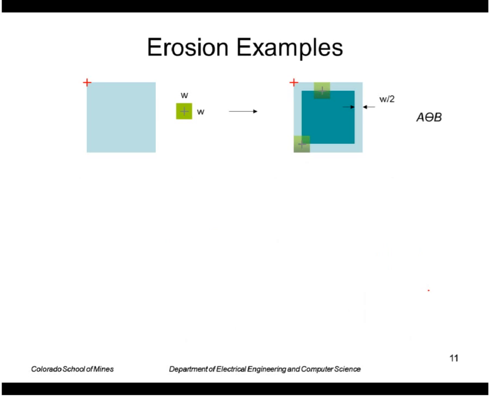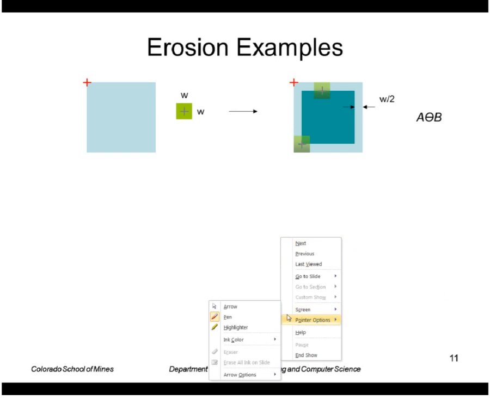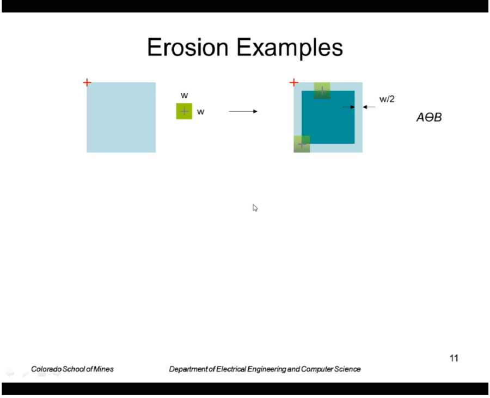Okay, so for another set of examples, we'll use a different way to display that, using these gray areas. Imagine that set A is a collection of points in the square here. My structuring element B is just a little square of size W by W with the origin in the middle.